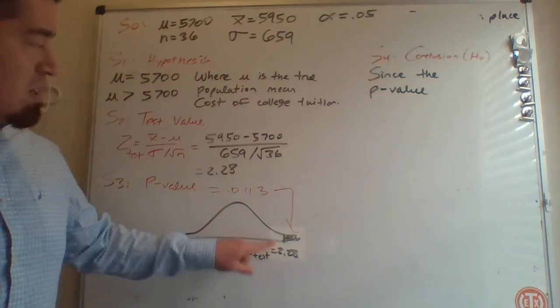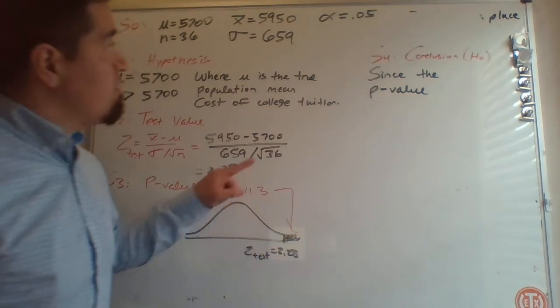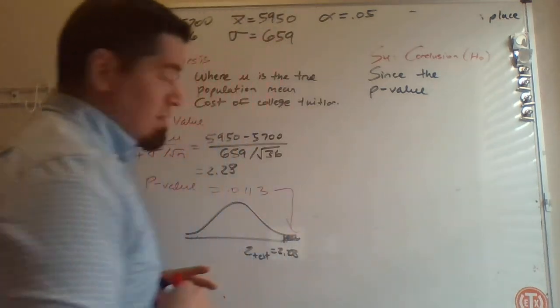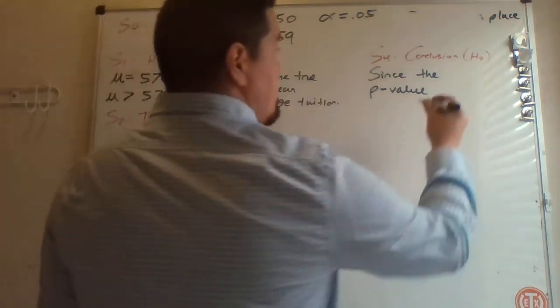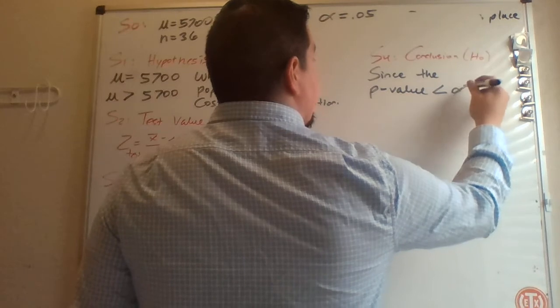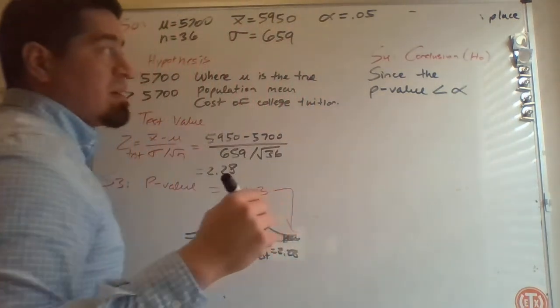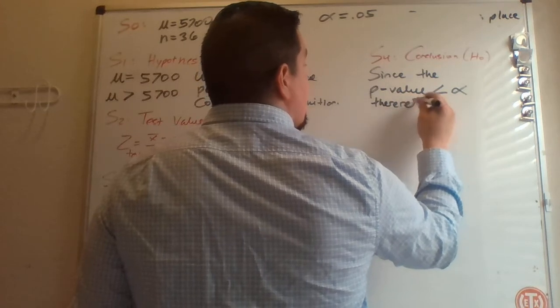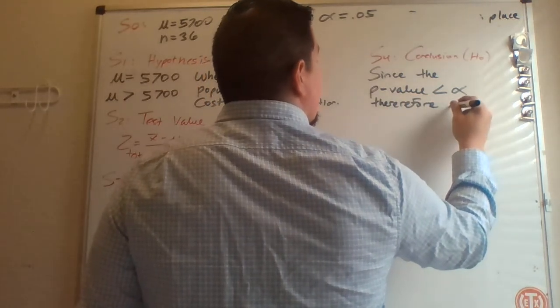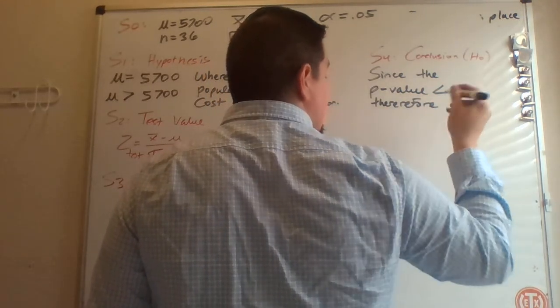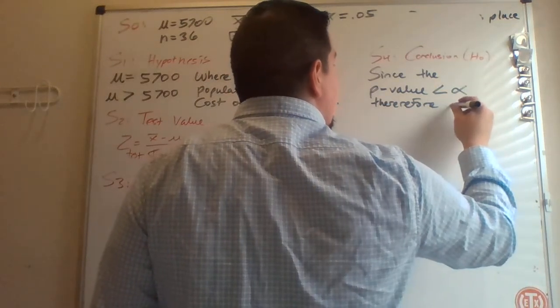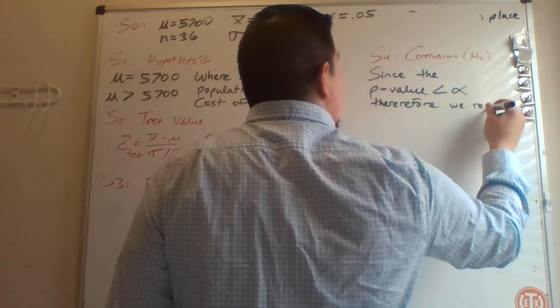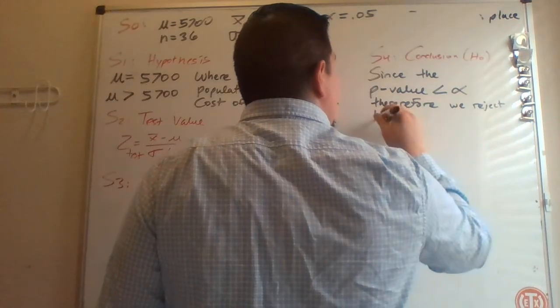Our p-value is 0.0113, alpha is 0.05, so less than or greater than, obviously less than alpha. Therefore, since the p-value is less than alpha, based on that slide, I think it was 47, therefore we reject H naught.